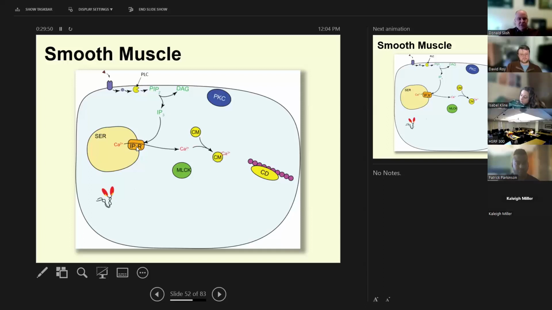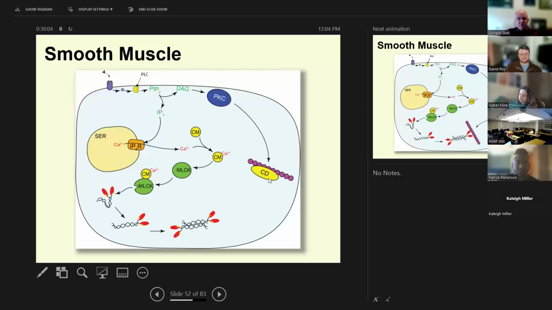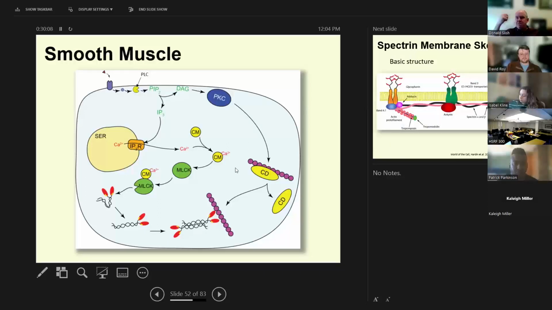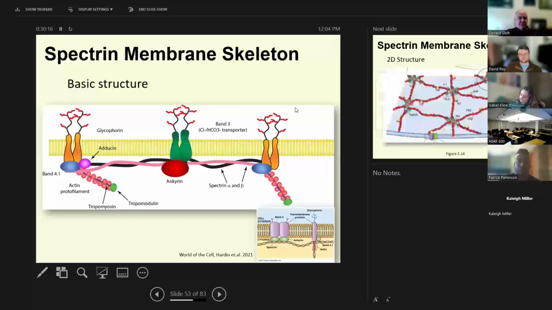Calcium comes out, calmodulin binds, myosin light chain kinase gets activated, myosin light chains get phosphorylated, and the myosin is activated. And on the other side, diacylglycerol activates protein kinase C, which phosphorylates caldesmon, releases the thin filaments, et voila. You get contraction. Okay, so that's smooth muscle contraction.